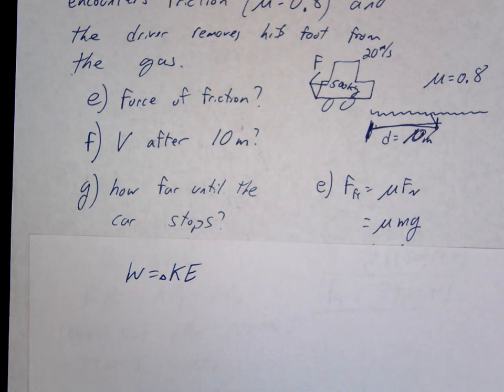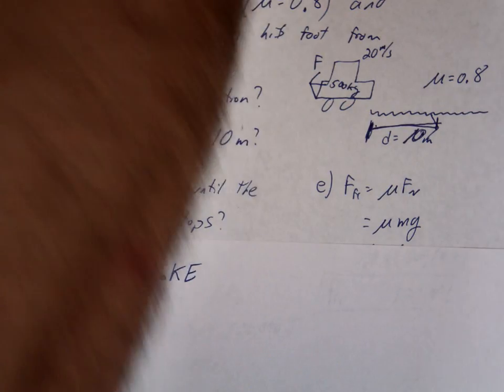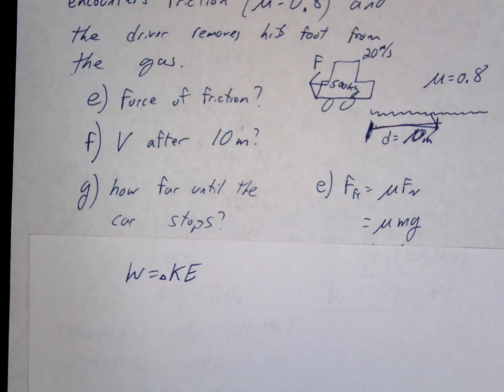If our car is moving along and has 100,000 joules, and then it stops, where did all that energy go? Into heat. Specifically, how much work was needed to stop it? 100,000 joules. If you start with 100,000 and you want to stop it, meaning you took away all of its kinetic energy, you had to do 100,000 joules of work.